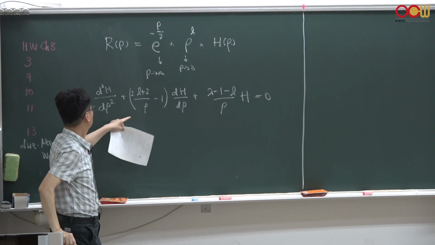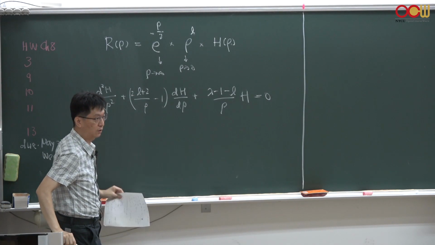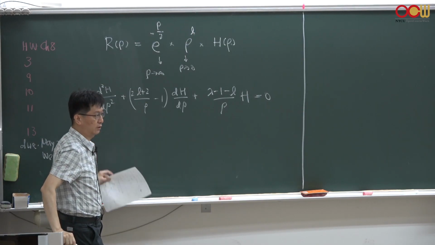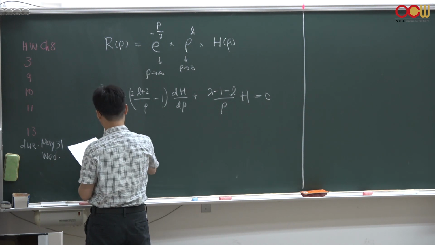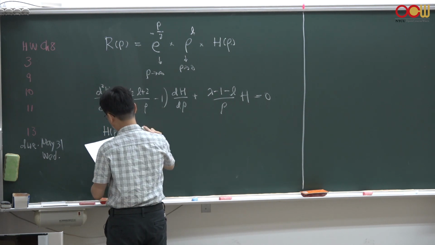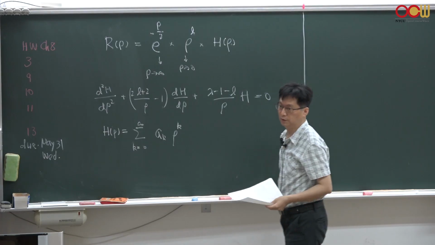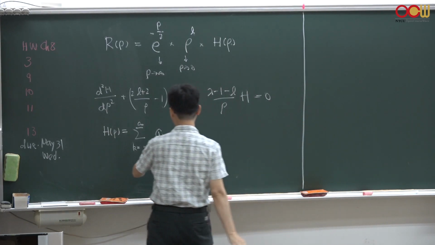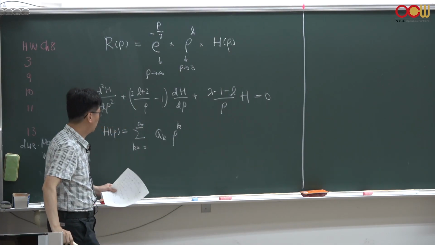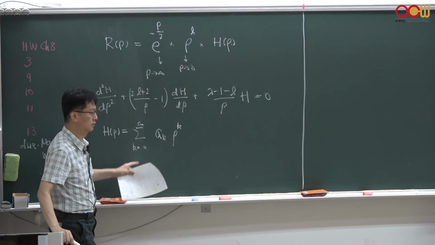Okay, so you can verify this by plugging this capital R back into the radius part of the Schrödinger equation. Again, we assume that this H function is a polynomial in rho with an infinite number of terms, so the coefficients run from A0 to A infinity.